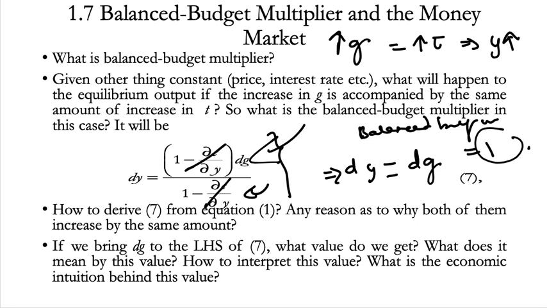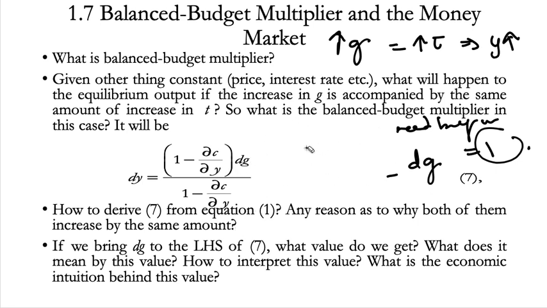Why do we need to make certain assumption on tax? Let me erase this first. If you can recall about the balanced budget multiplier that we have in the previous chapter, we have assumption tax is a lump sum tax, so it does not depend on Y. This time around, we want to have money market here. We also want to have the same kind of tax as previous balanced budget multiplier derivation, in which tax is a lump sum tax.